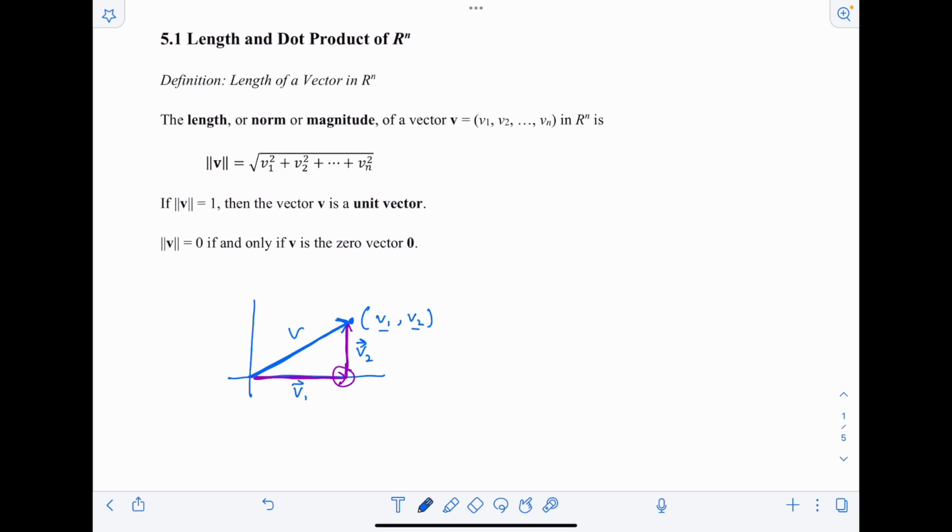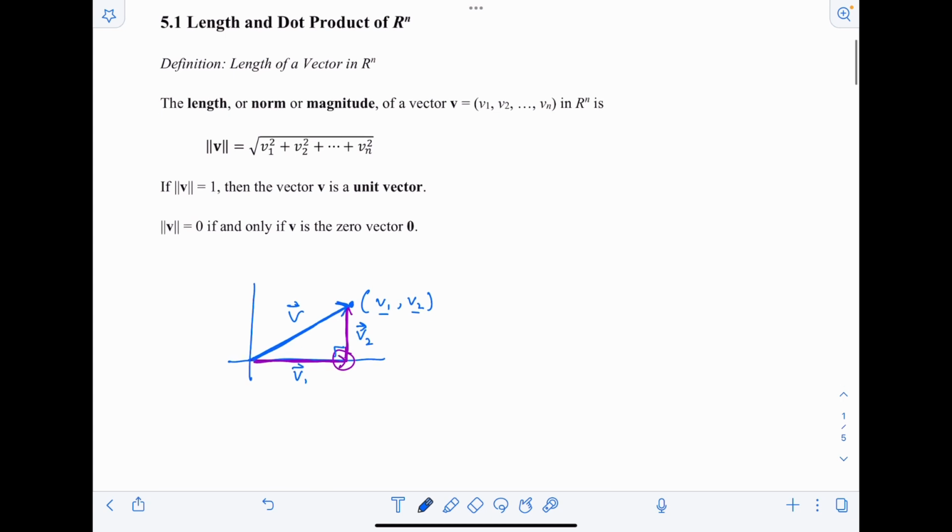Okay, so just trying to make some of those connections. So if I want to think then about this idea of length, really what ends up happening is, if I know v1 and v2, if I know those horizontal and vertical components, and because they're horizontal and vertical, they make this 90-degree angle, we have a right triangle. And in essence, then we can use Pythagorean theorem in order to find the length or magnitude of v.